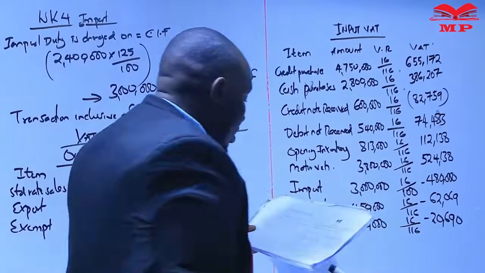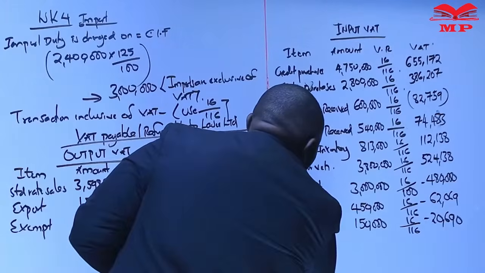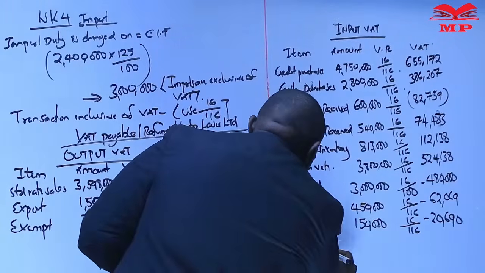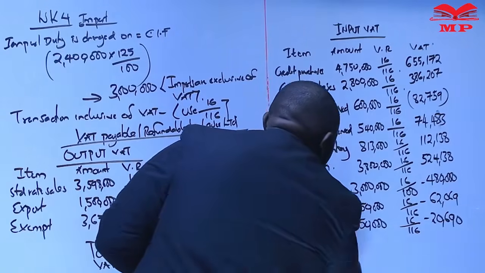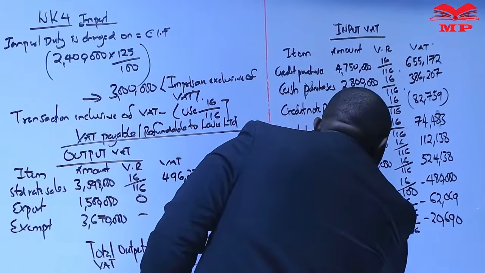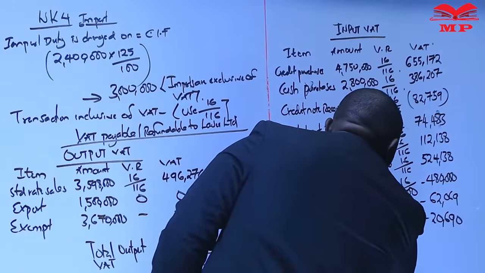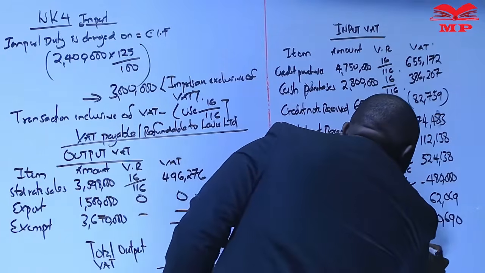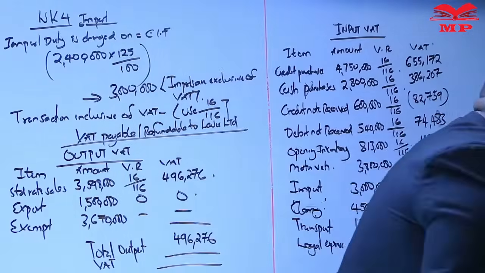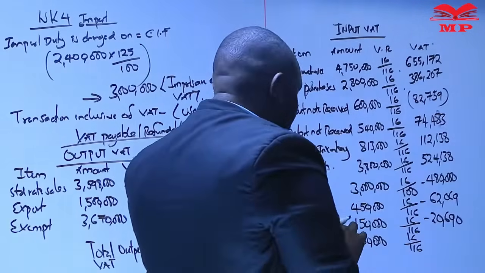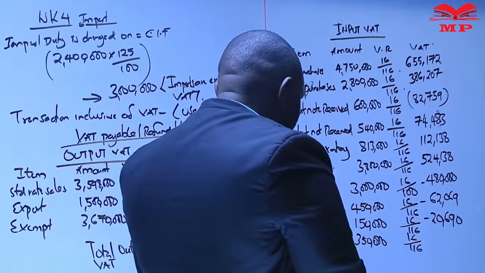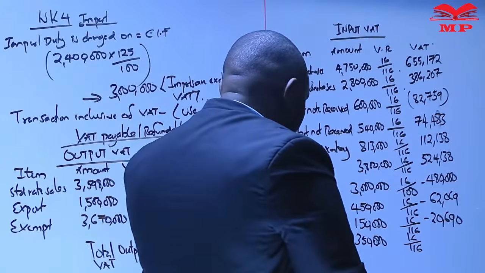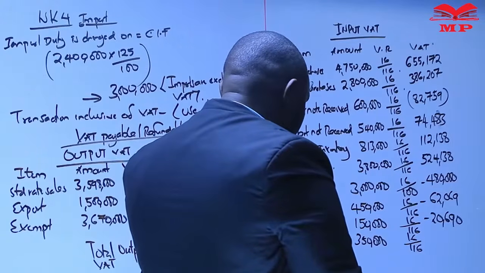Then we proceed to the additional information. Legal expenses are not exempted, so we claim VAT. That should be 350,000 times 16 over 116.